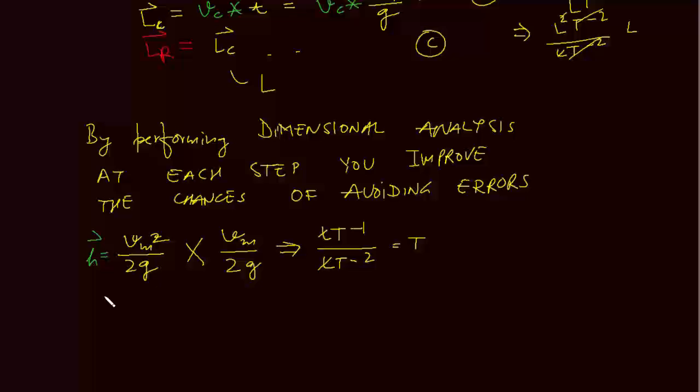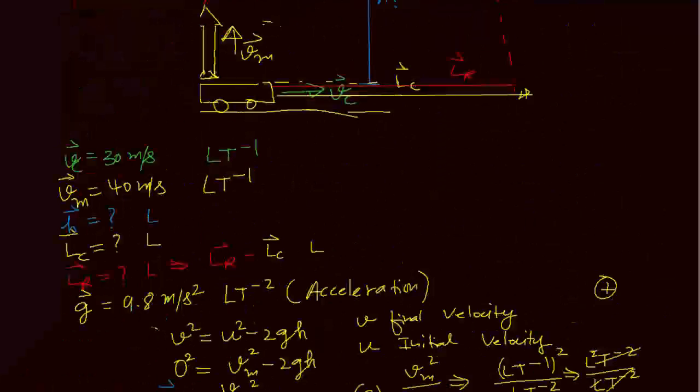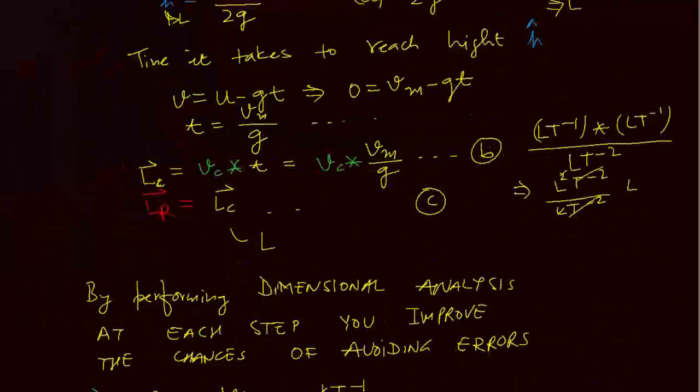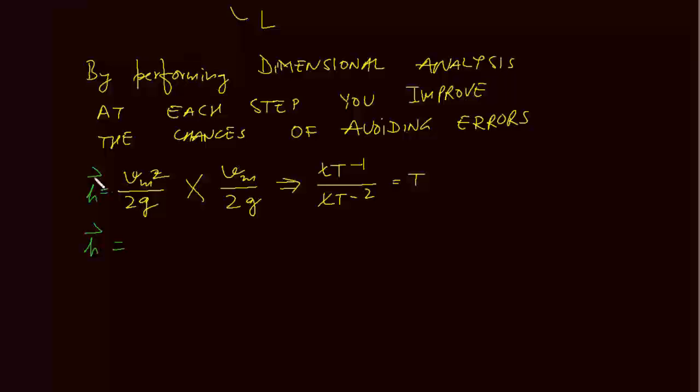Now let's plug in the values. So h will be Vm square divided by 2g. Vm was 40, so 40 square divided by 2 times 9.8.